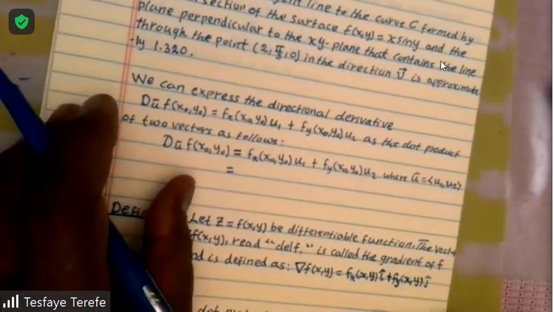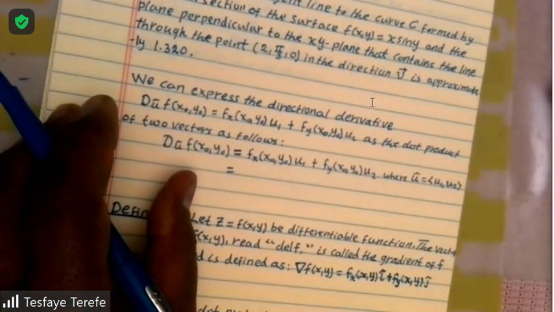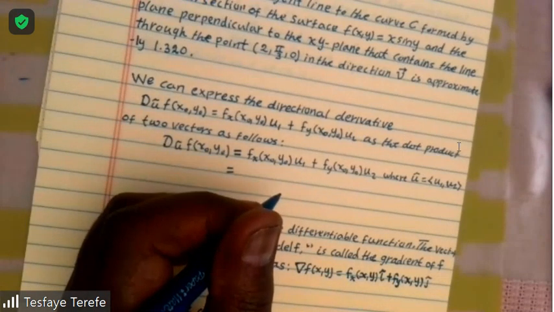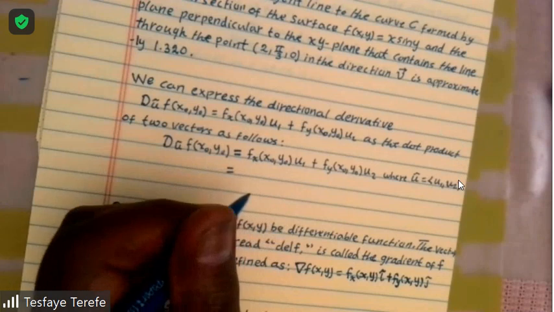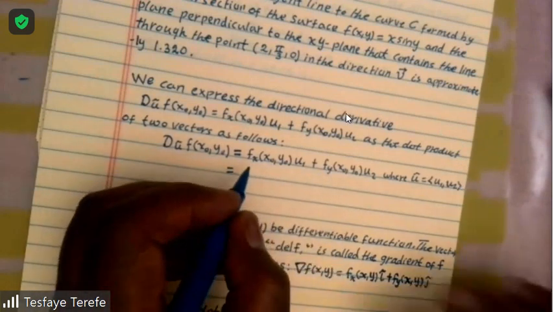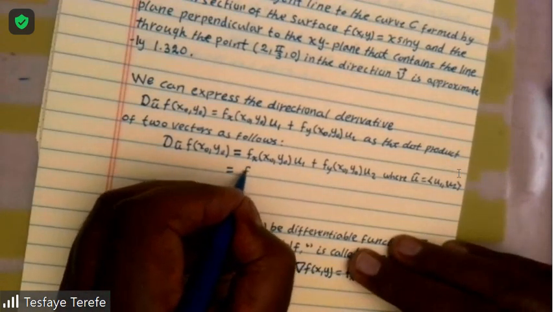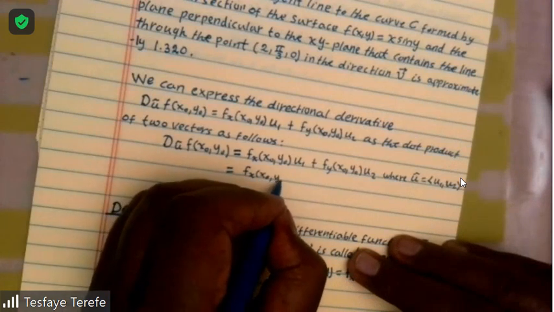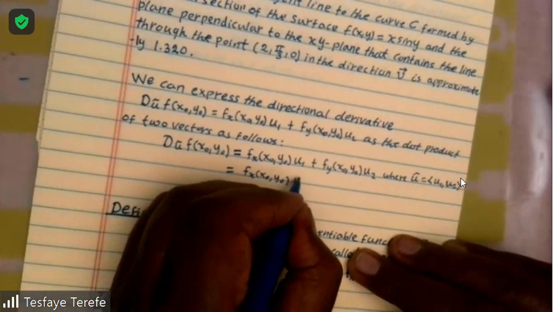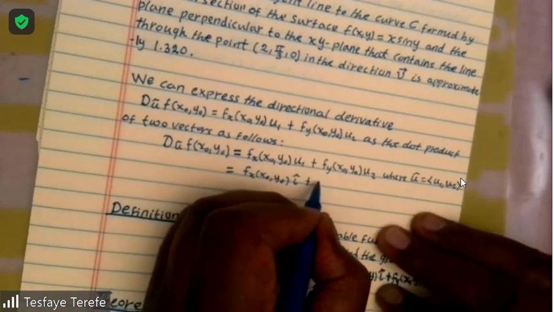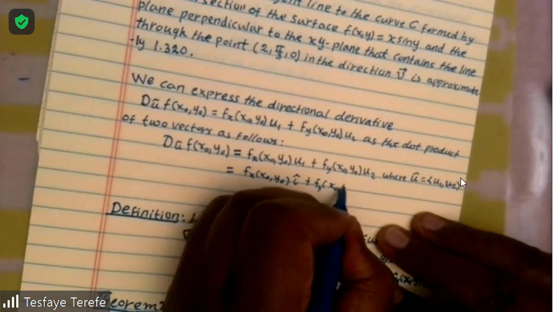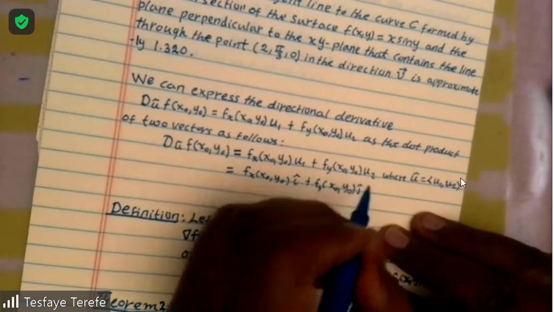If that is the case, we can write this as the following. Because this is a dot product, the partial derivative with respect to x is the i component, and the partial derivative with respect to y is the j component.